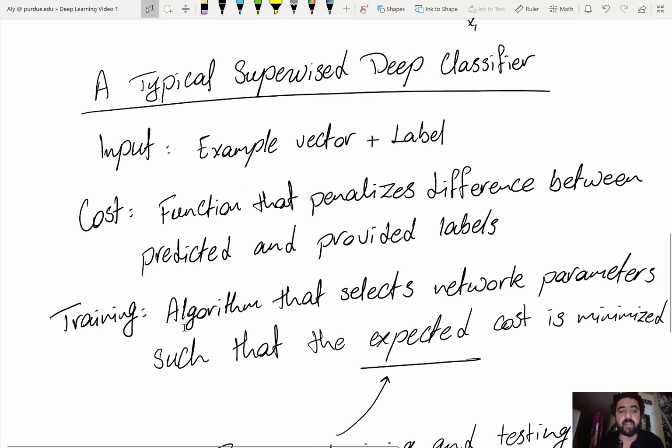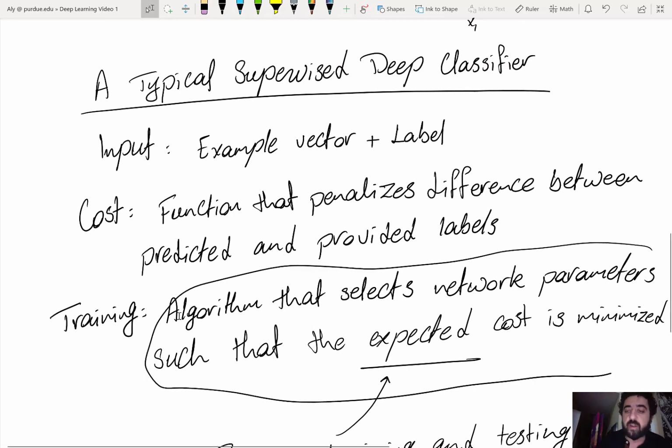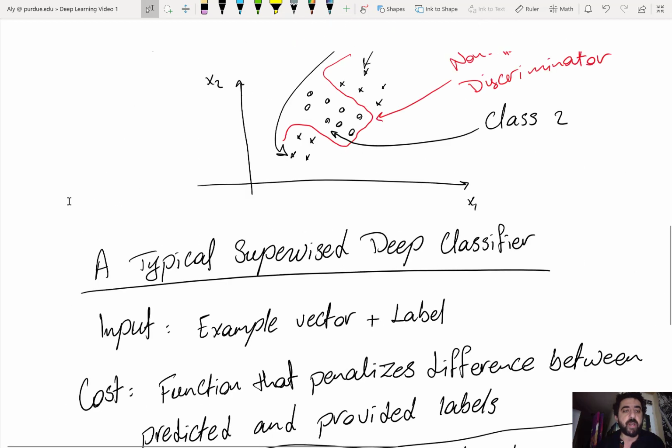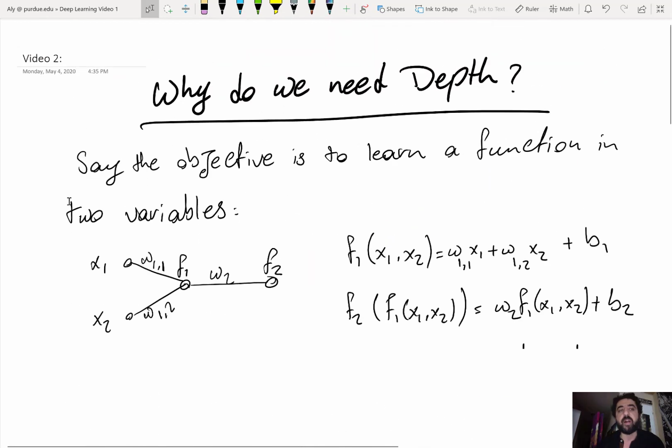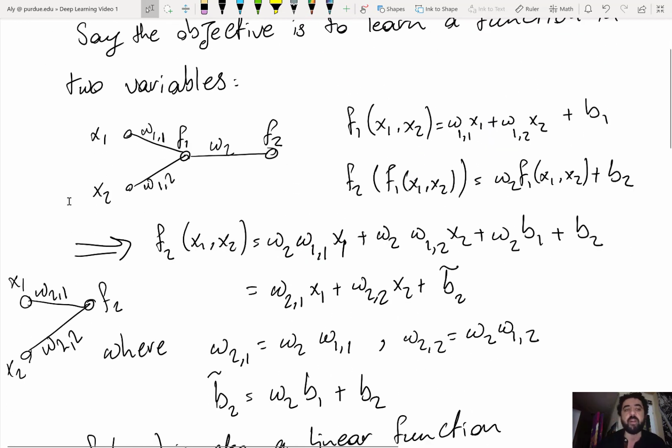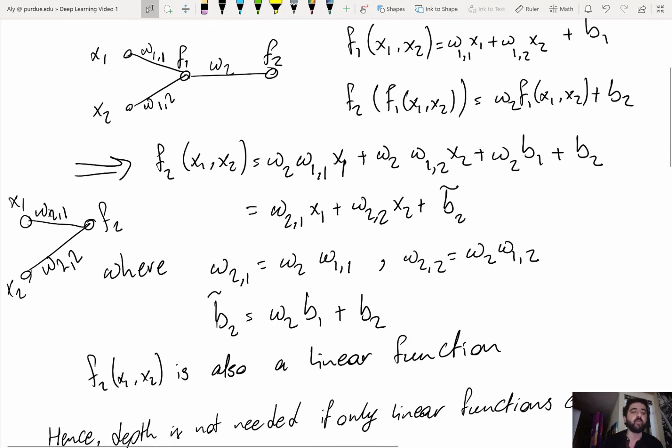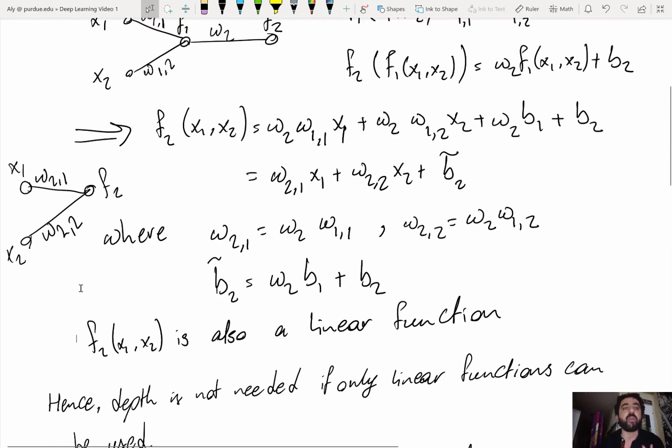Now let's take this statement and analyze it further, right? First it selects network parameters. What do we mean by network parameters? We mean the weights and biases in this example. For example, here the W11, the W12, and the W2, and the B1 and the B2. Or in this example, it's the W21, the W22, and the B2 tilde, right? These we call the network parameters.